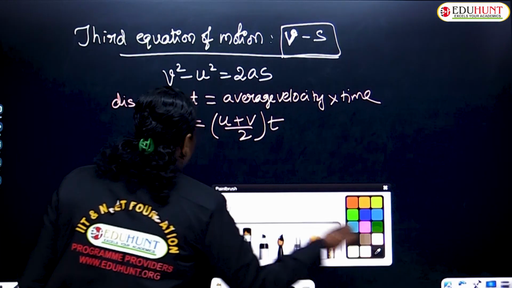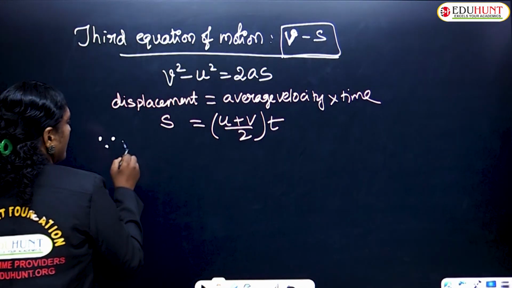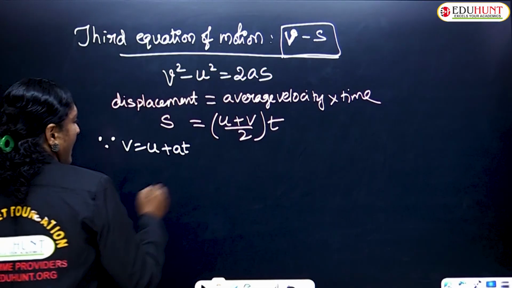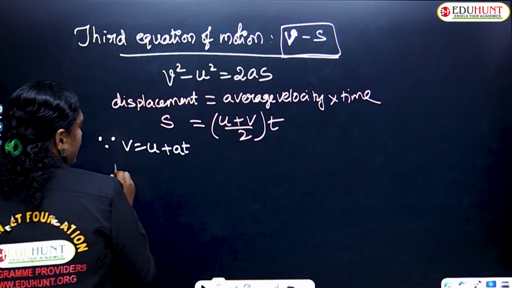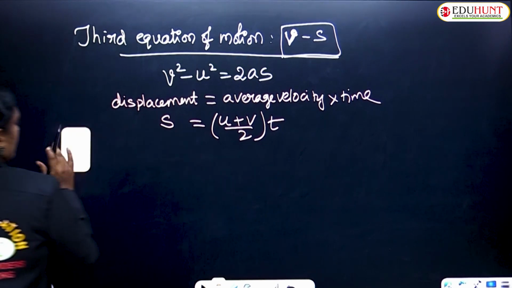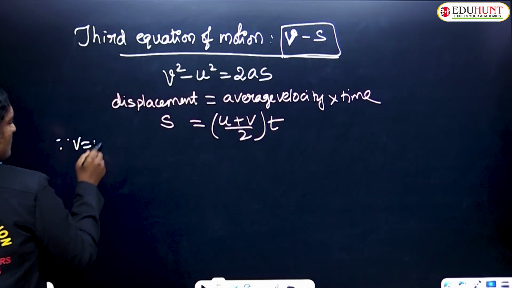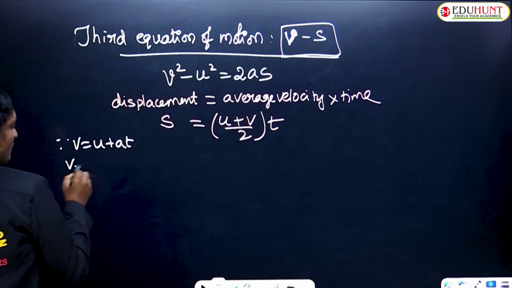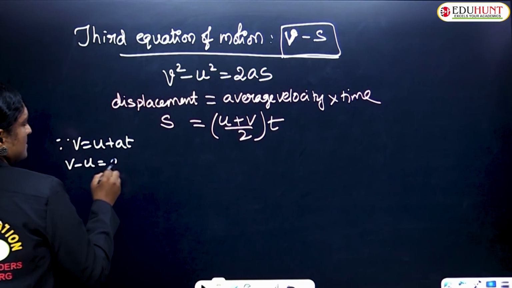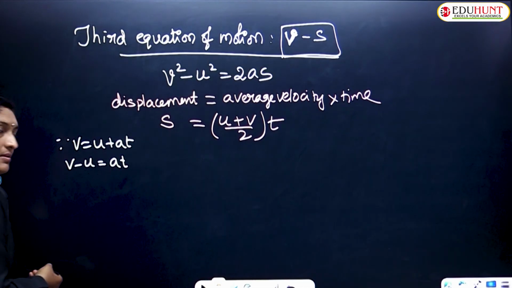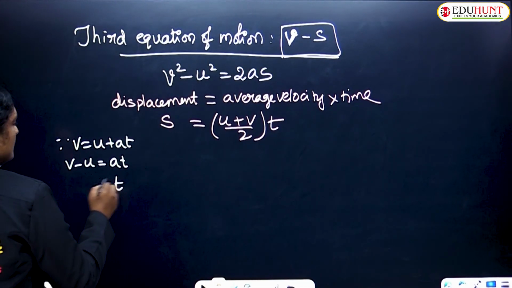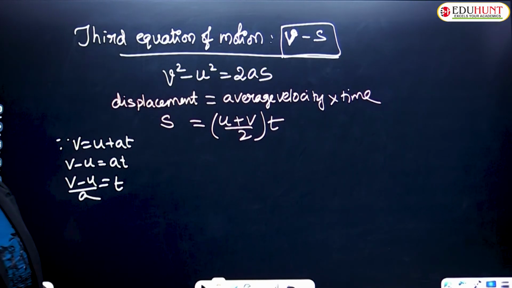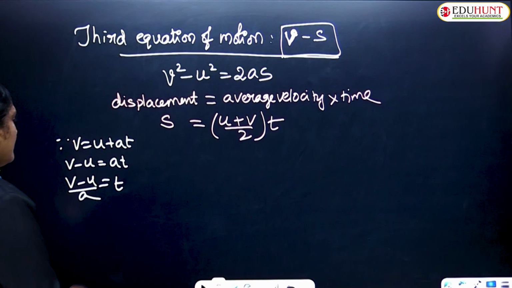Since v equals u plus at, bring this u to the other side, then v minus u equals at, or t equals v minus u by a. t equals, what is that, children? v minus u by a.